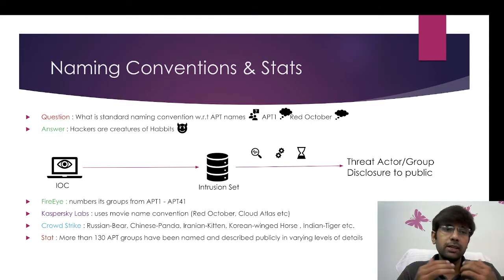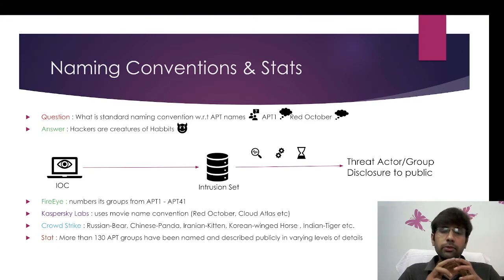This precise naming convention comes after the combination of these co-occurrences, and this is called an intrusion set. All these indicators of compromise and TTPs are collected together, and those are called an intrusion set. Careful analysis of these intrusion sets over a period of time will reveal the threat actor behind that particular group or that particular attack.